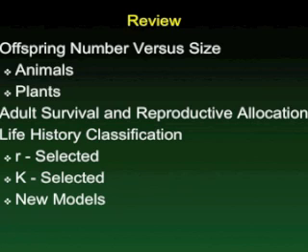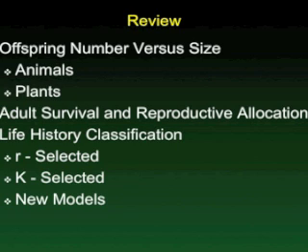So then, to briefly review this chapter, we looked at the offspring number versus the size, in terms of seed size for plants and the number of eggs being produced by animals. And then we looked at how energy is allocated to adult survival versus reproduction. And then finally we saw different types of life history classification.